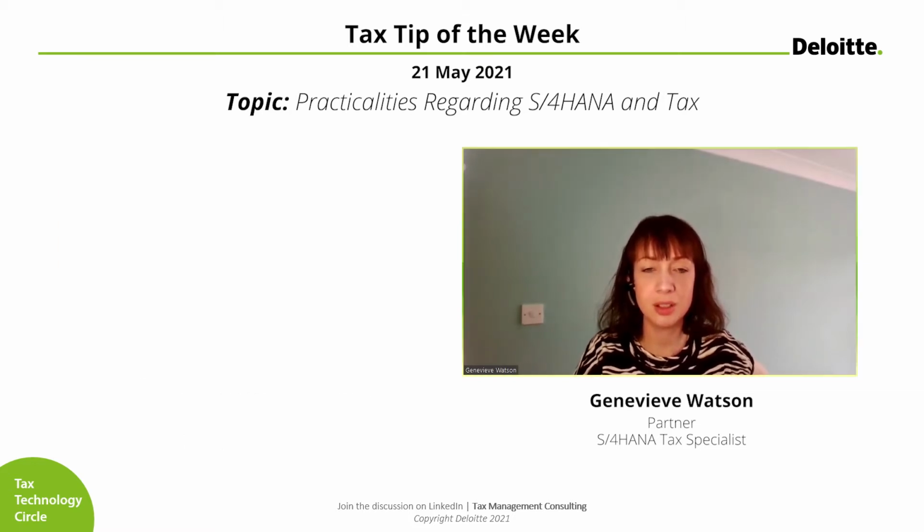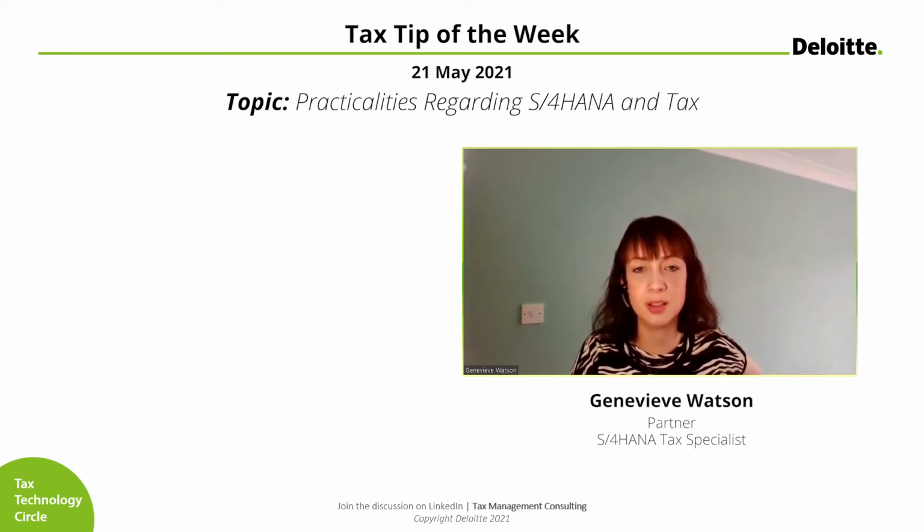Yeah, thanks, Jonas. So in terms of the 5 areas that are really important to go through when you're planning how tax should get involved in the S4HANA program, the first item to think about is vision.